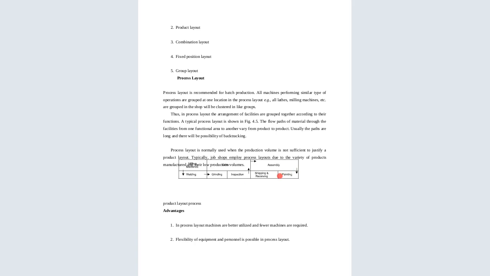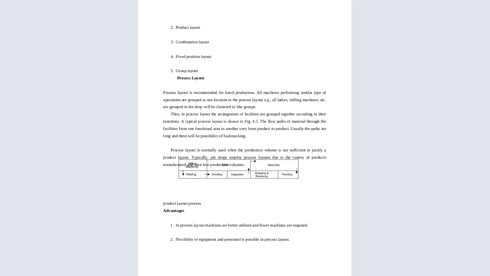A typical process layout is shown in this figure. The flow path of materials through the facilities from one function area to another can vary from product to product. Usually the paths are long and varied, and there will be the possibility of backtracking.